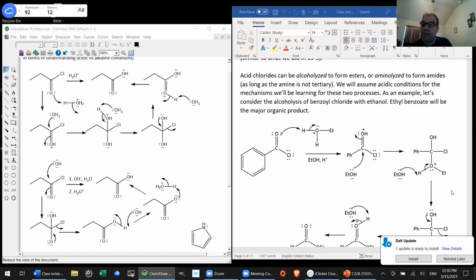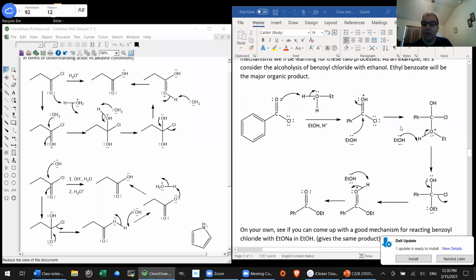This is the point typically in acidic conditions where we'll look to see if we need to do any proton transfers. We do, because if we don't, then after the next step, we'll get an intermediate with a +2 charge. And that doesn't make a lot of sense. So we'll use, again, an alcohol molecule, not water, not EtO minus. You have to use species that make sense according to what you're given.